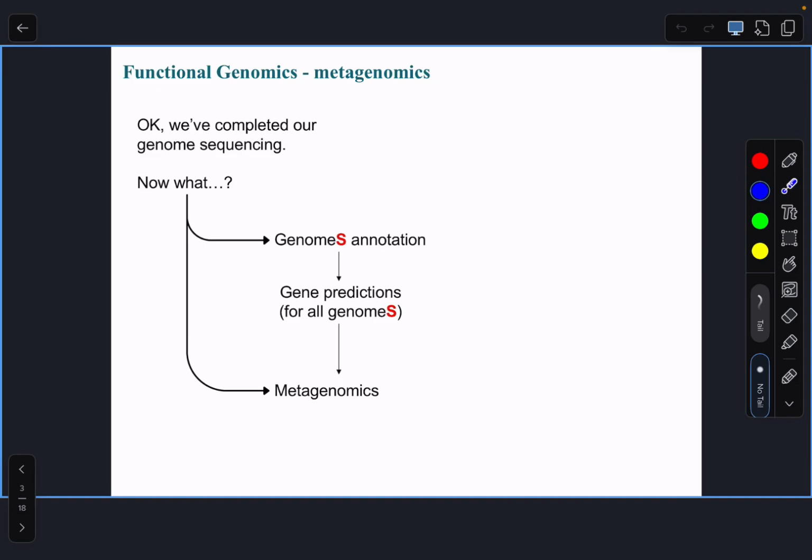Just like when we annotate a large eukaryotic genome, we can make some predictions about what genes are expressed in those genomes. We can do the same for all of the genomes in a metagenomic collection, right? So not only do we get the genomes for all the species that were present in those samples, but we can also go into those genomes and start annotating genes as well.